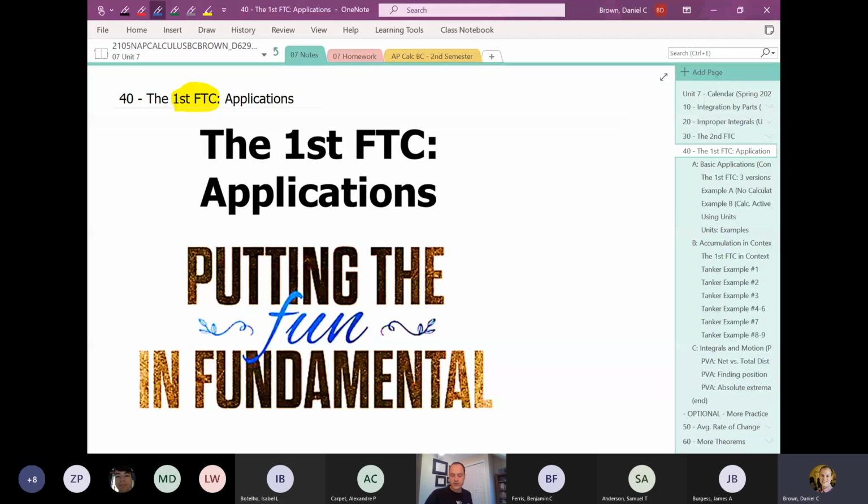Before we get into the notes, I just wanted to briefly mention the quiz. I'm not quite done grading the quiz. I have just a few more students left in this class to finish grading. Once I get everyone's graded, I will post the answer key so that you have it. I will also say many of you probably did not do as well on the quiz as you normally do, which honestly happens frequently on the first quiz of the second semester, especially with the second FTC and dealing with the applications of it.